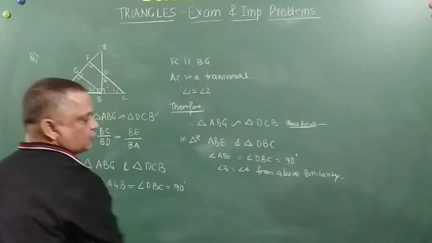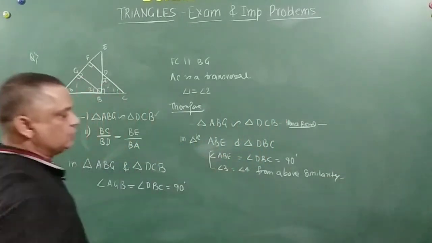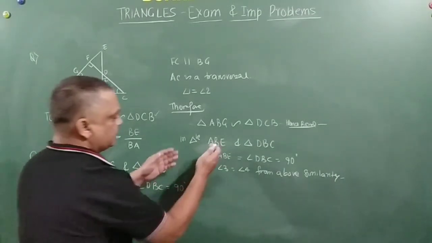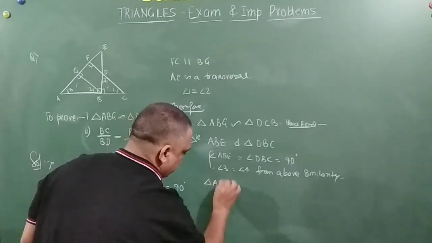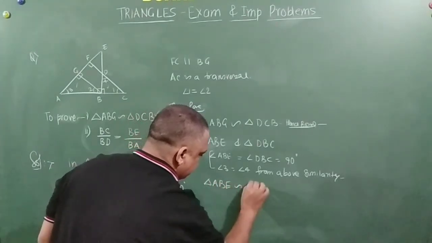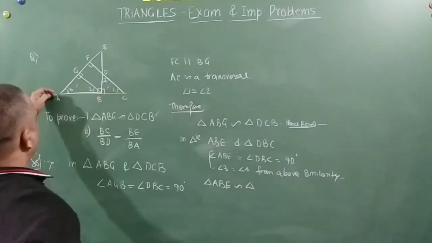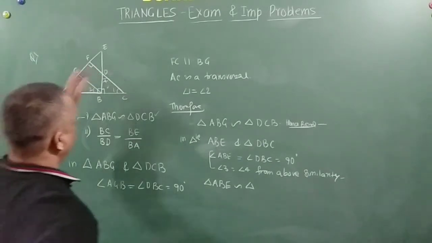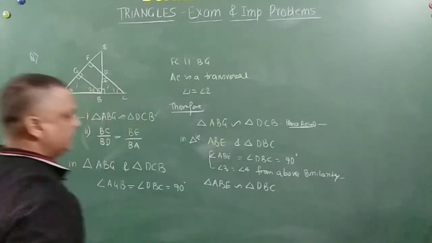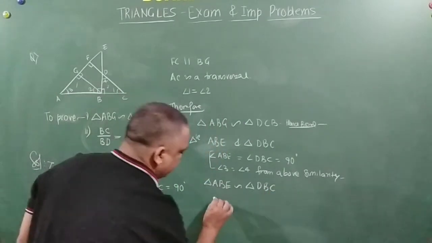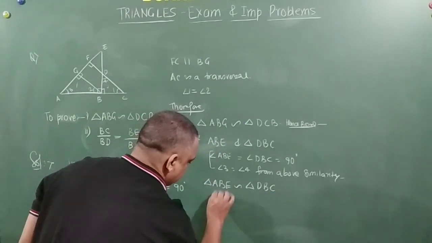Right friends? So now taking these two, can we write triangle ABE is similar to triangle? The corresponding to A is nothing but D. So D, B and C. Right friends? Now let's write the ratios. Now you will get the answer.